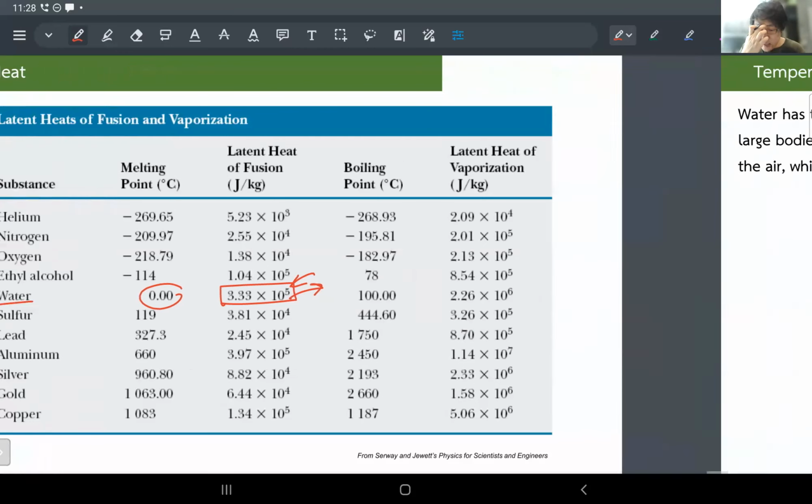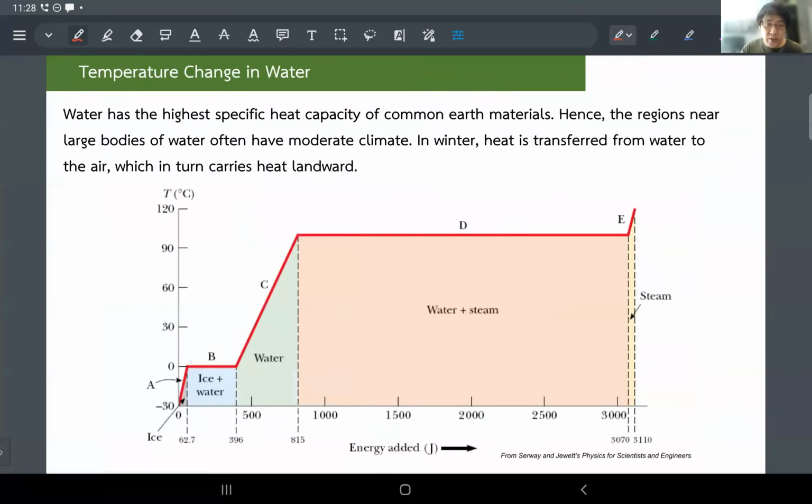By having this latent heat defined, now you understand the whole picture of what happens to a general substance. We're going to use water as our example. This graph is simple. On the horizontal axis is the energy added to the water. Let's say you have a fixed amount of water, and you keep transferring energy at a constant rate to the water.